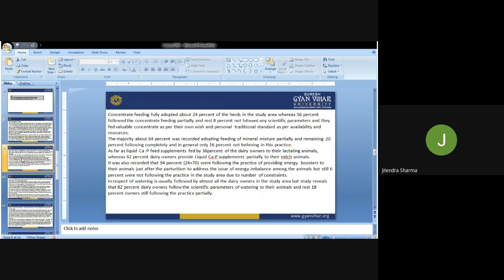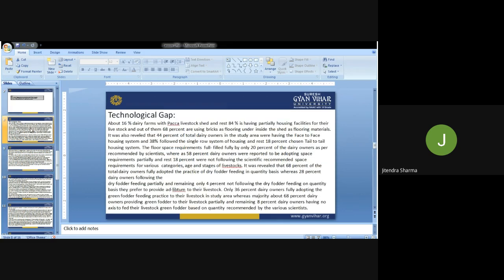Then about the feeding, we have seen that 4% are not following dry fodder feeding on a quantity basis. They prefer to provide it ad lib, because they feel it fills the hunger of the animal, so they always have something in the feeding alley as far as dry fodder is concerned.